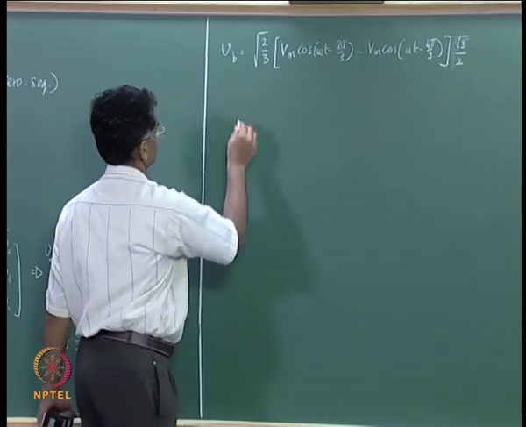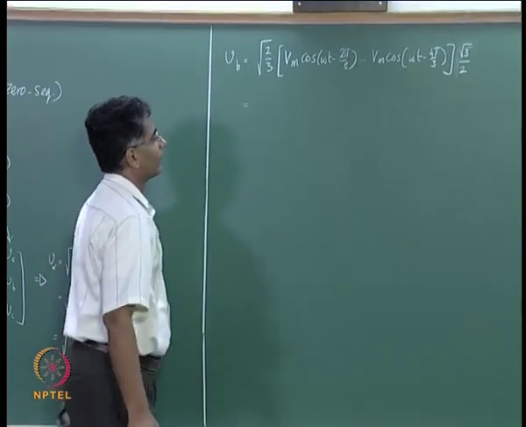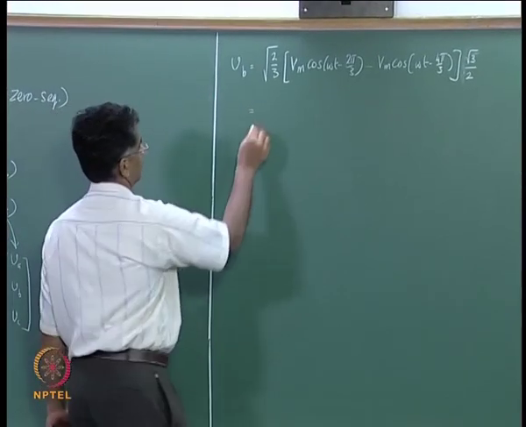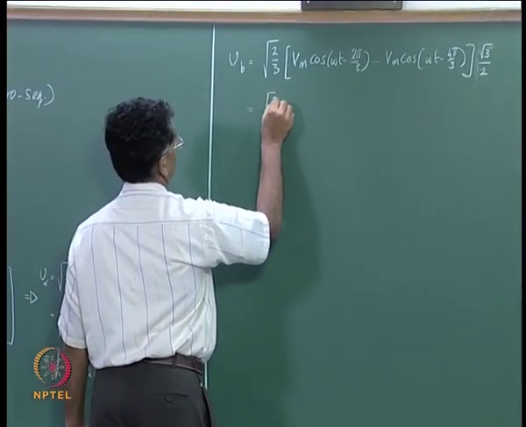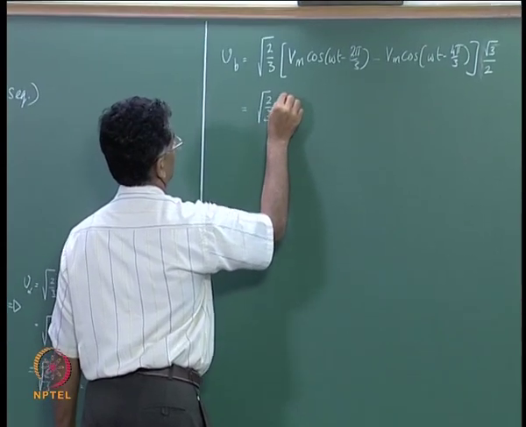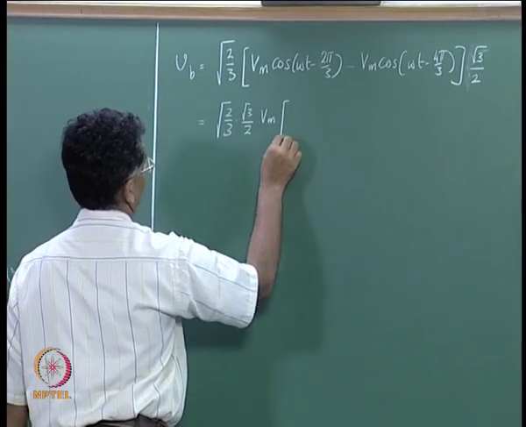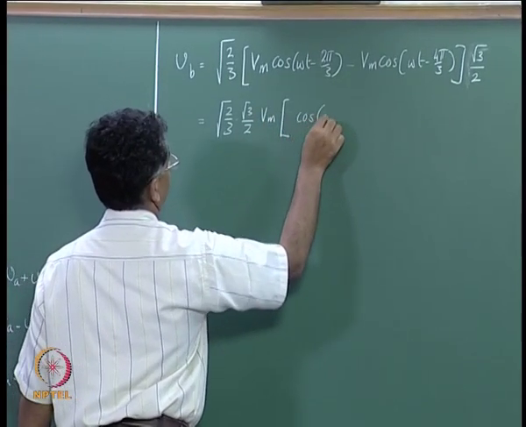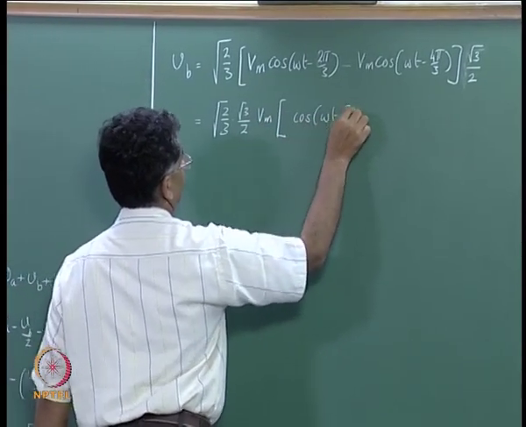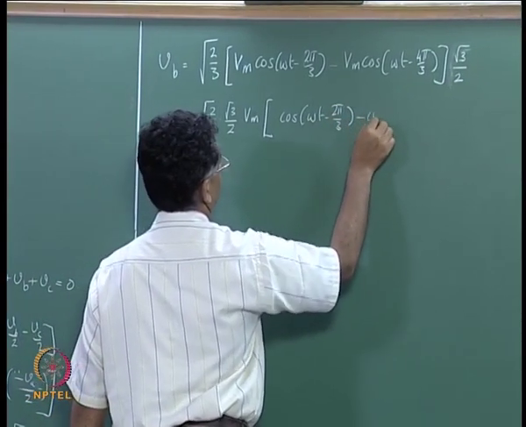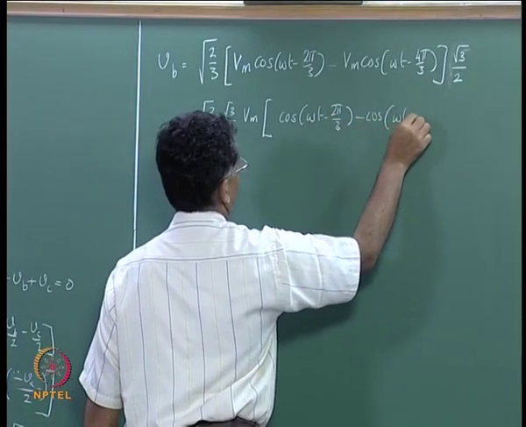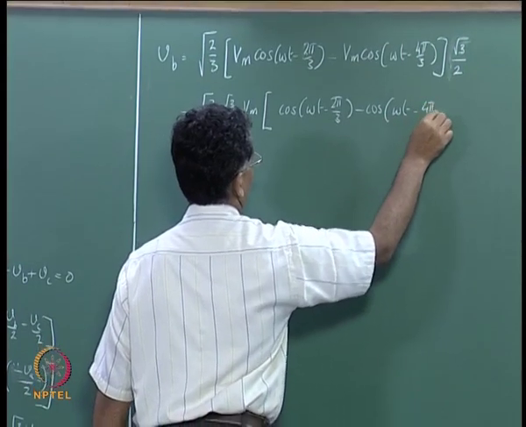So, that is the expression. That is nothing but root of 2 by 3 into root of 3 by 2 multiplied by Vm multiplied by cos of omega t minus 2 pi by 3 minus cos omega t minus 4 pi by 3.